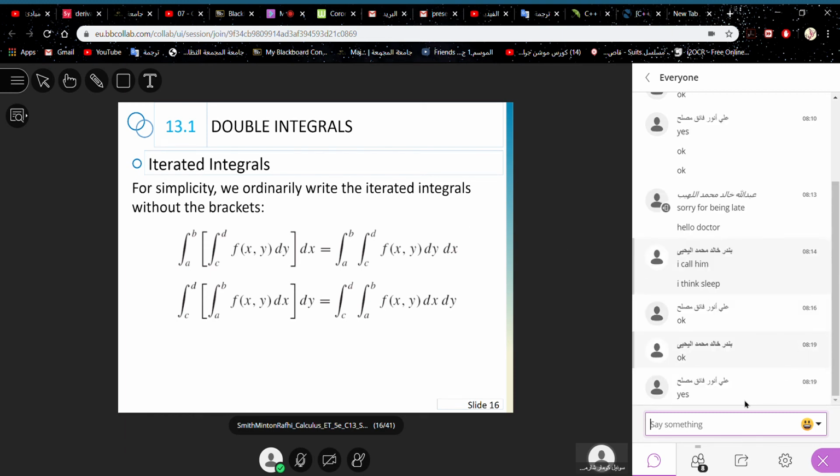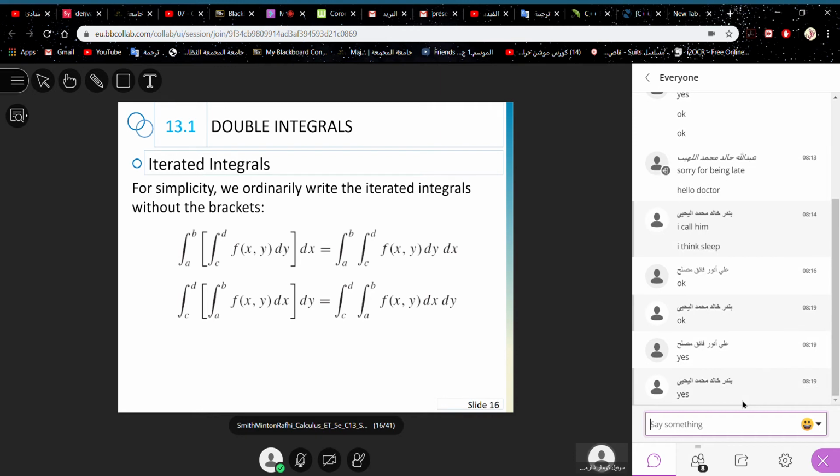Suppose we have this region. This is O, X, Y. And we would like to integrate a function f over this region.